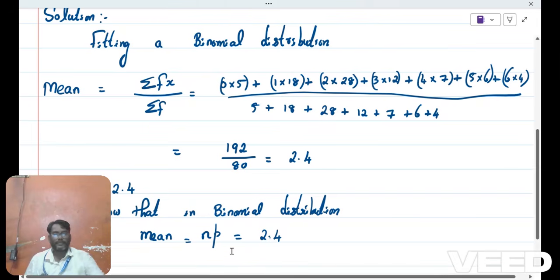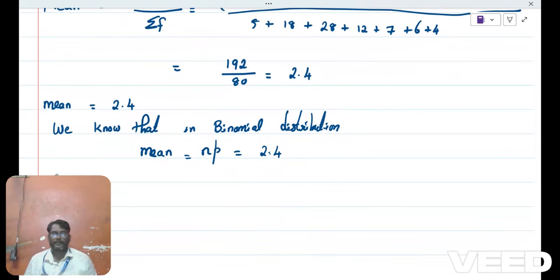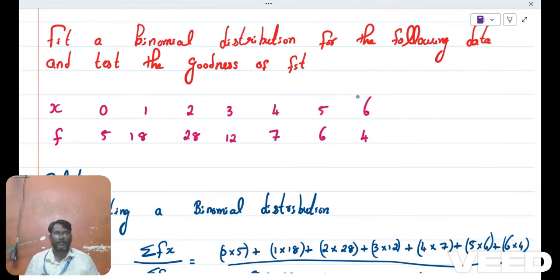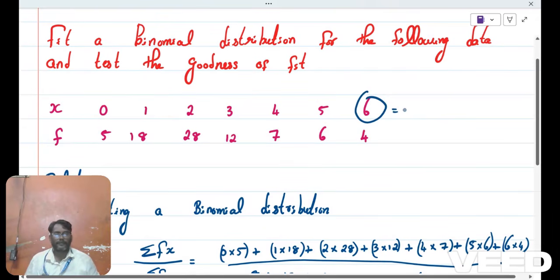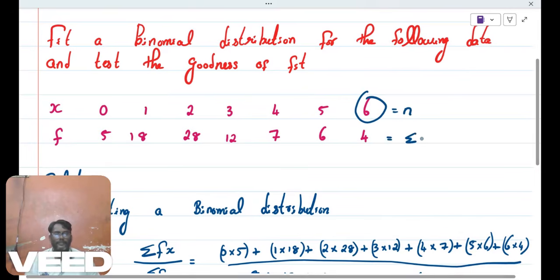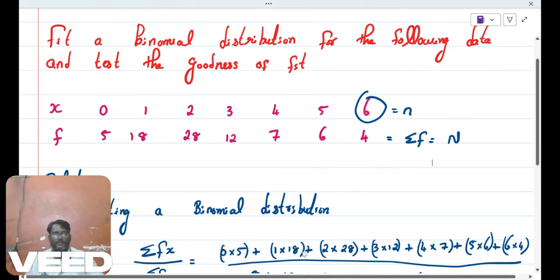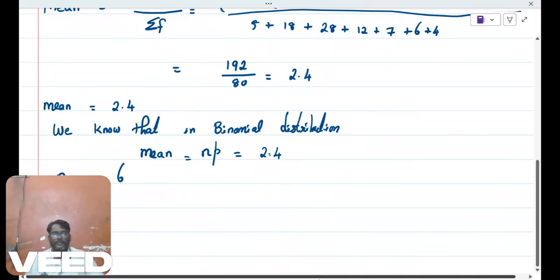Here the small n will be equal to 6. So this is your small n, and the sum of the frequencies, sigma f, will denote your capital N. So n is equal to 6.